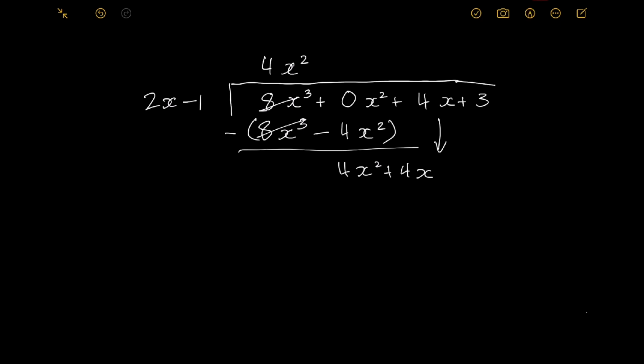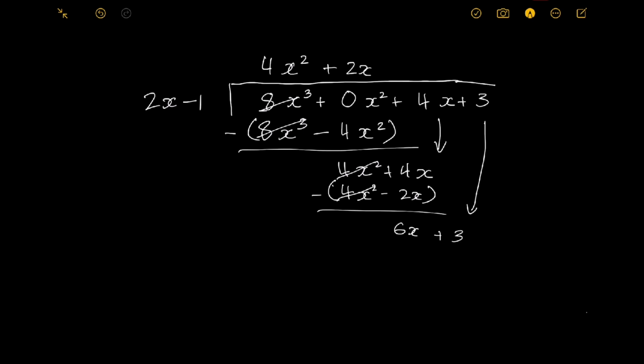We're going to make 2x become 4x squared, so we need to multiply it by positive 2x. So we're going to have 4x squared minus 2x. Subtracting all of it, we're going to have 6x. Put the 3 at the bottom, so we have 6x plus 3, and then 2x to become 6x is 3, so 6x plus 3.